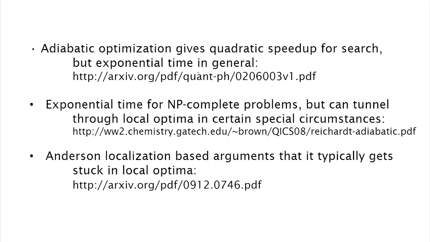On the one hand, if you use the adiabatic quantum algorithm alone, you can get this quadratic speedup for unstructured search, meaning you can recover Grover's algorithm, but without even having to design the algorithm. All you do is use the adiabatic algorithm with suitable parameters, and you do the analysis, and it already works.